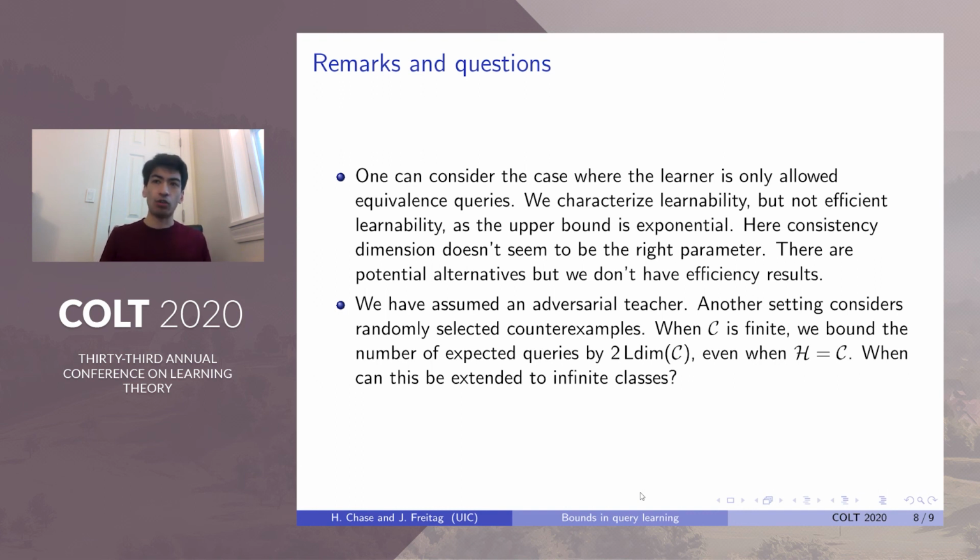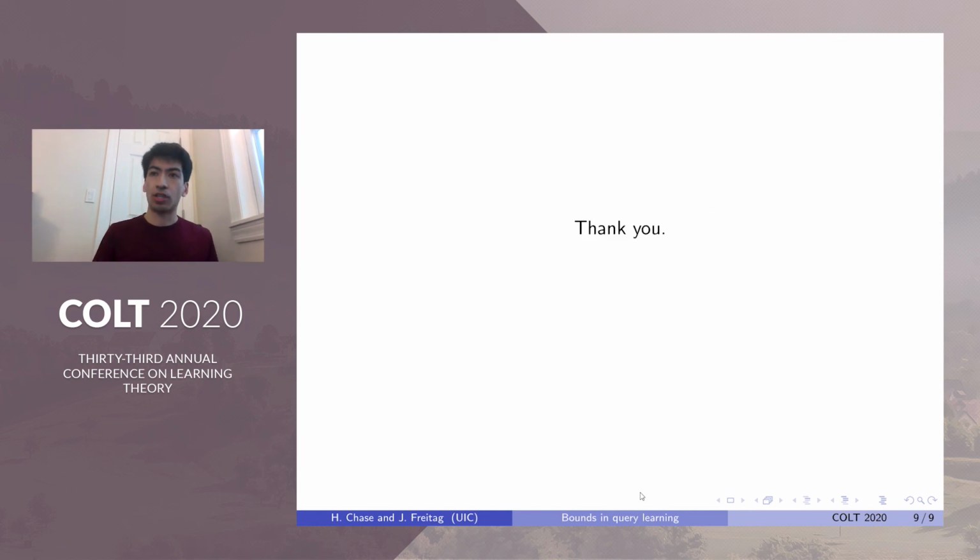When C is finite, we can give a bound that is 2 times the Littlestone dimension. I should say that this is not in this paper. This is other ongoing work, and we're also looking at possible ways of extending this to infinite classes. So that's all I have. Many thanks for your attention.